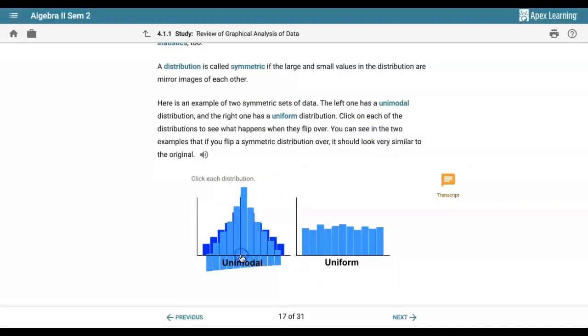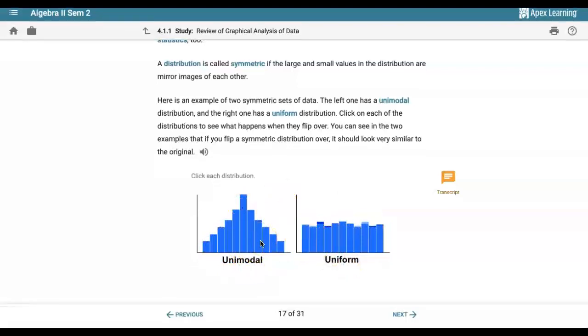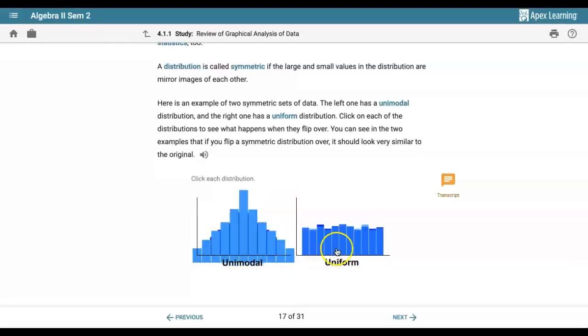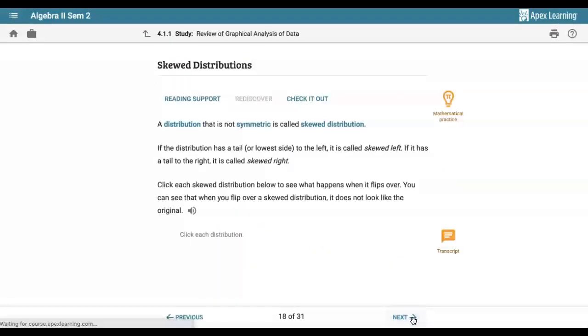If we flip both of them over, they look relatively similar to the original. Obviously this first one matches up perfectly. This one, if you look really closely, you can see a slight difference between some of them. But as a whole, it matches up pretty well.